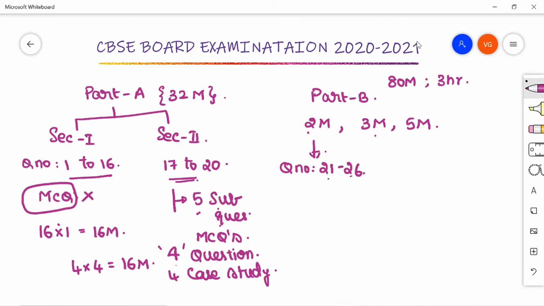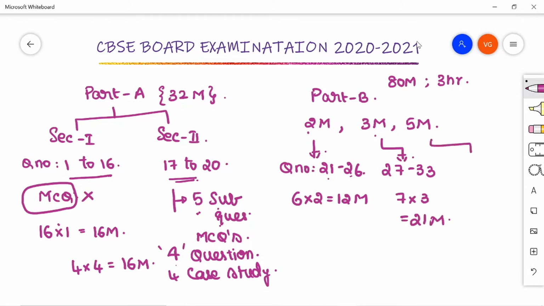So 6 into 2, 12 marks here. Then 3 mark questions, question number 27 to 33, totally 7 questions. 7 threes are 21 marks here.